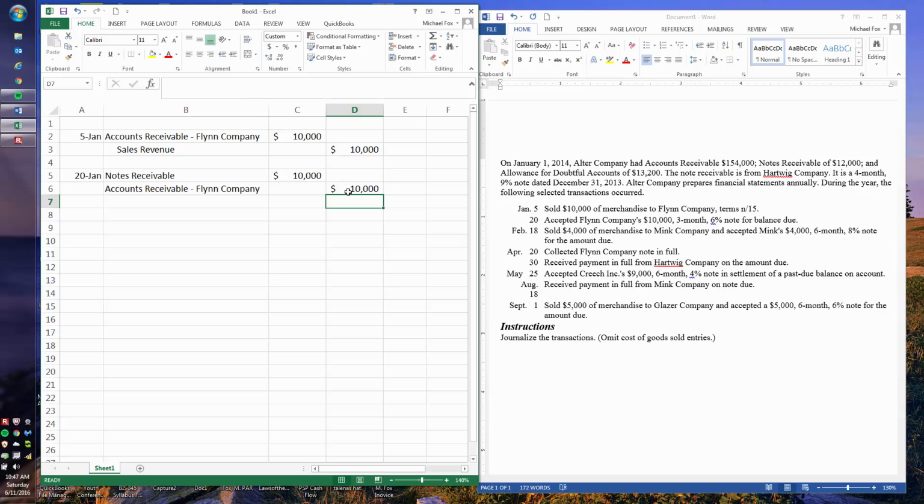Really all we're doing is paying off, well, Flynn is paying off the amount they owed us by writing us a note because they don't have the cash to pay us yet.